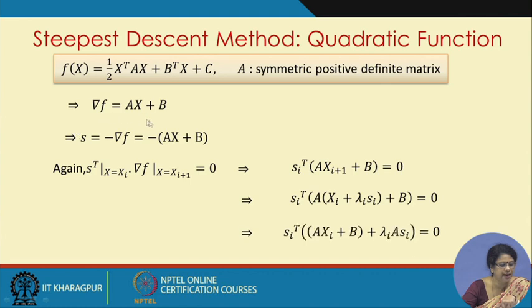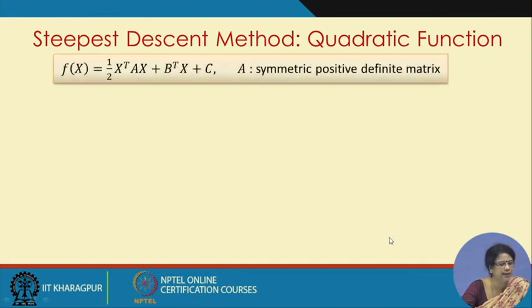Now, if we readjust it, we are getting A x i plus b together, and this is 1. Then from here we can calculate the value for lambda i or alpha i, whatever you want to say, that is the optimal value of step length at the ith iteration, alright.